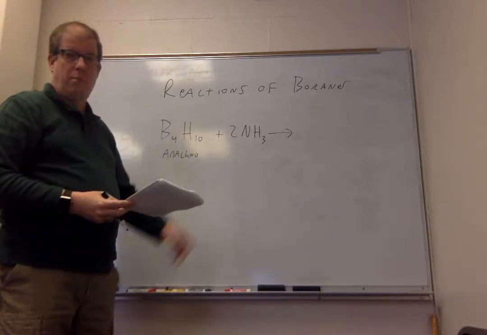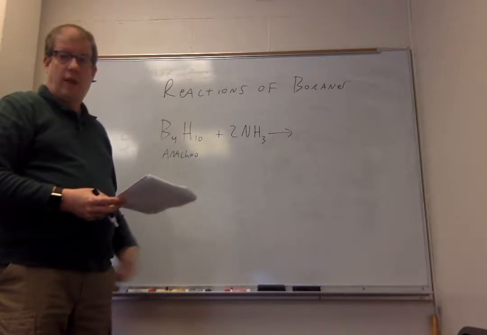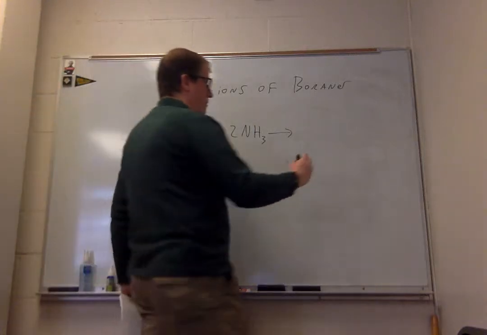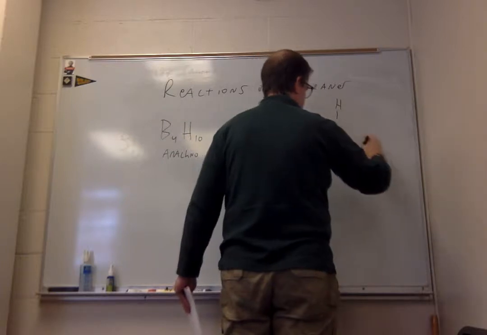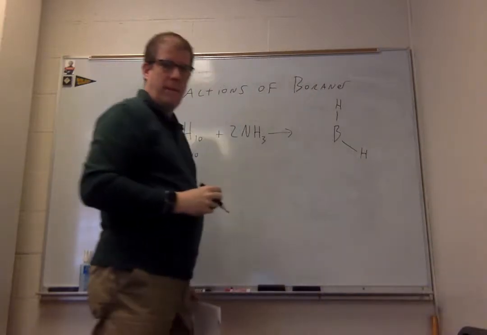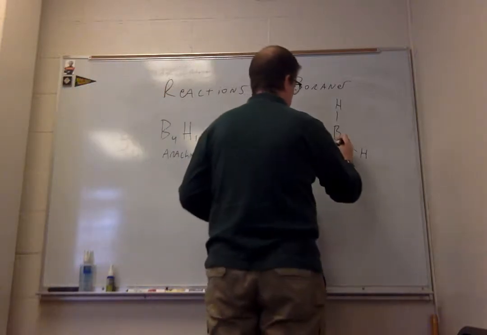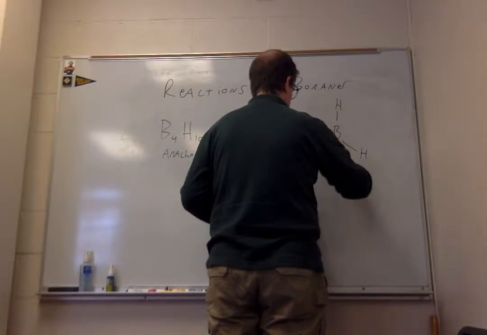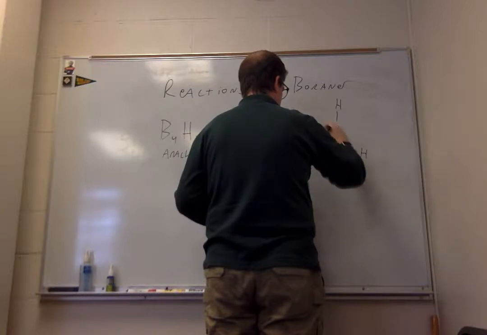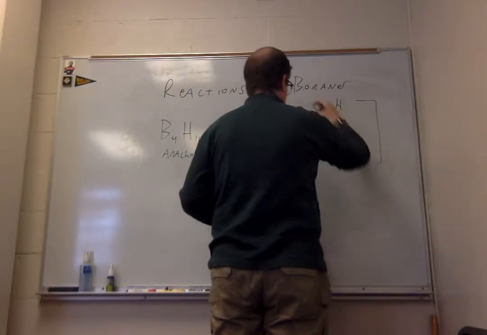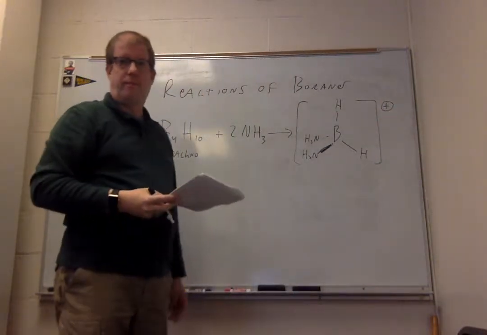If we add ammonia to diborane, what happens in effect is that you abstract a BH2 plus ion. And the same thing is going to happen here. And to this, we're going to get coordinated two ammonias.